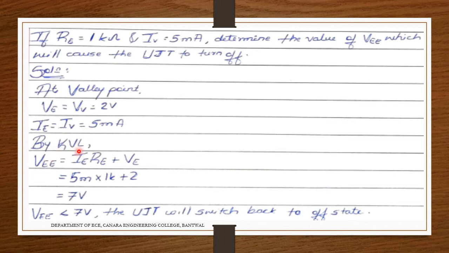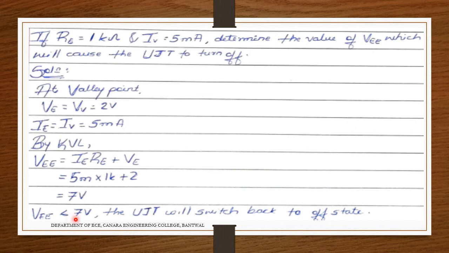By KVL, VE is nothing but IE into RE plus VV. This is related to the ammeter. So IE is the 5 milliamps into RE, which is 1 kilo, plus 2. When I multiply this, I get the 7 volts there.